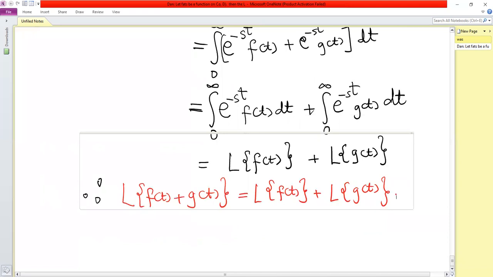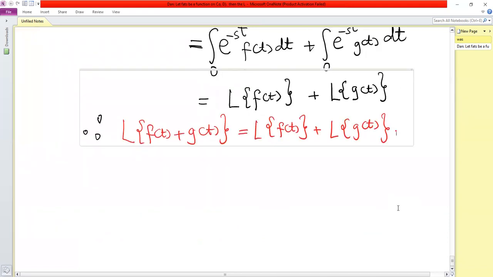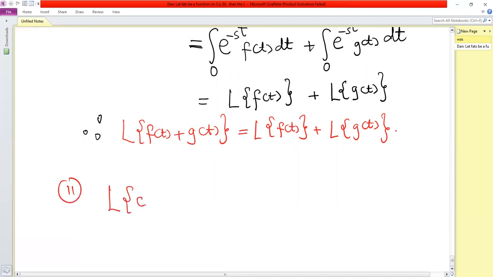And the second case of linearity will be given by the Laplace transform of c times f of t, which by definition would be the integral from 0 to infinity of e raised to the power minus st times c f of t, dt.